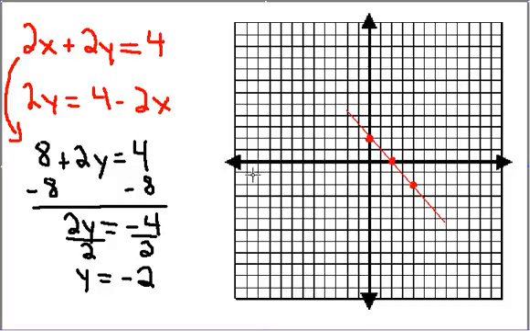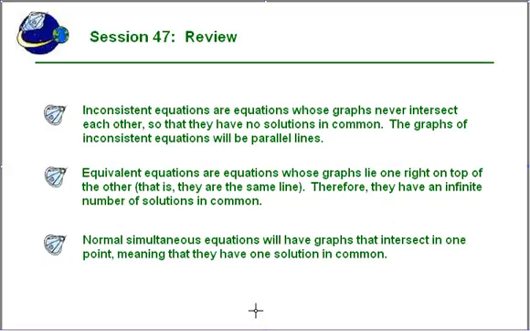So in this situation where you have the same line graph representing two different equations, that indicates that those two equations are equivalent to one another. So then, as a review, inconsistent equations are equations whose graphs never intersect each other, and therefore they have no solutions in common.